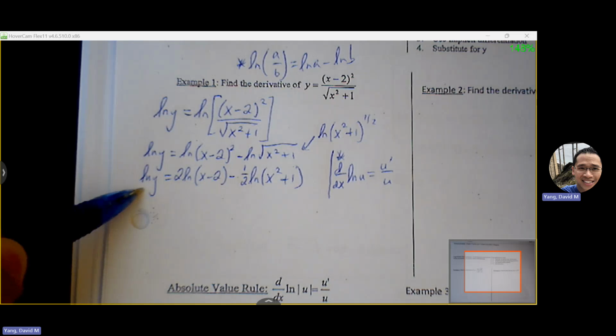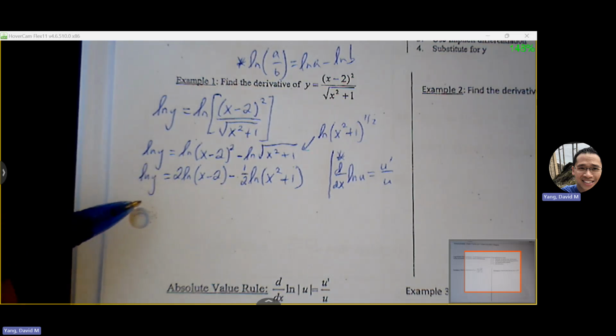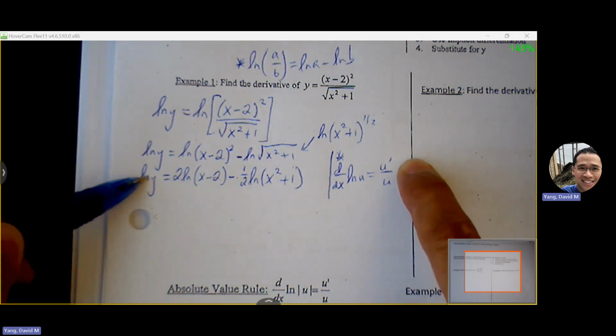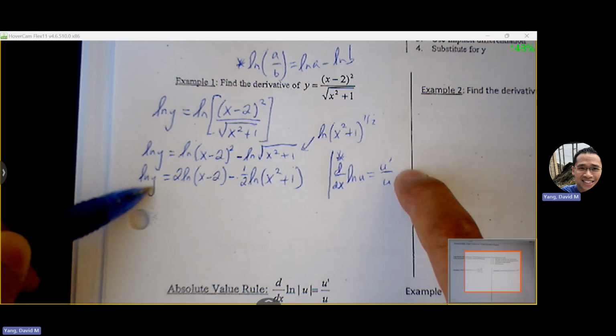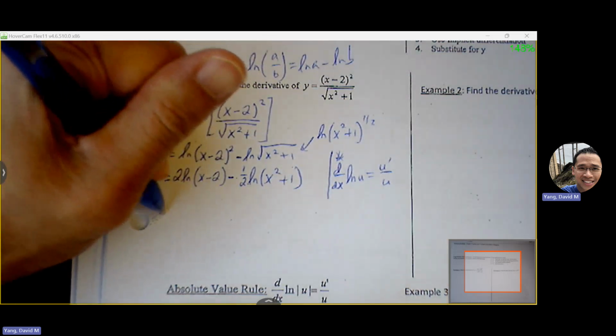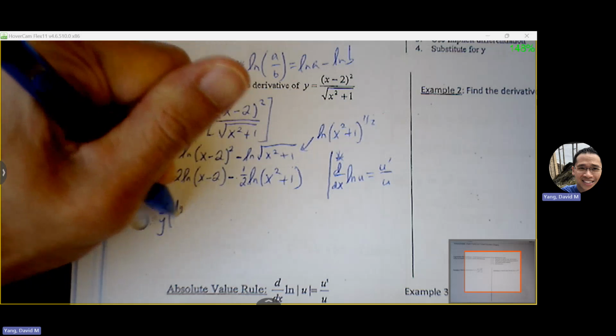That is when we have to introduce implicit, when your y is stuck inside something else. So the derivative for y is 1. So it's 1 over y, but because we're asking for y's derivative, we need to attach dy dx. So it's 1 over y times dy dx.